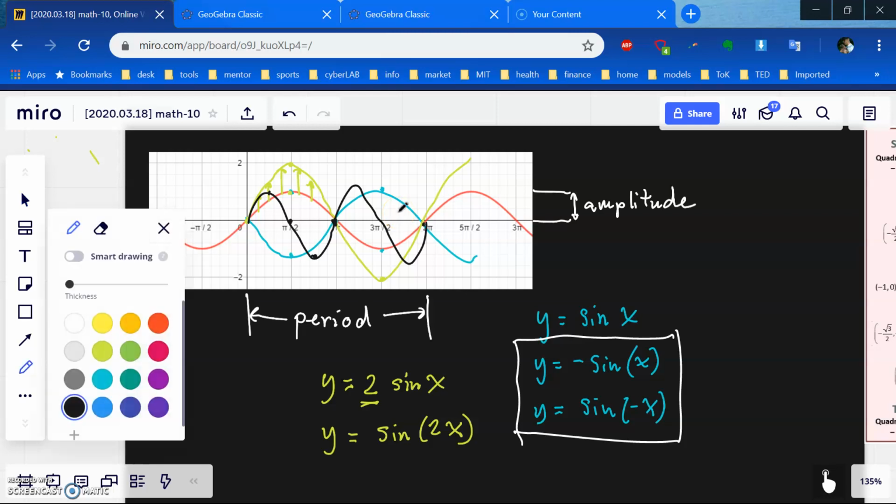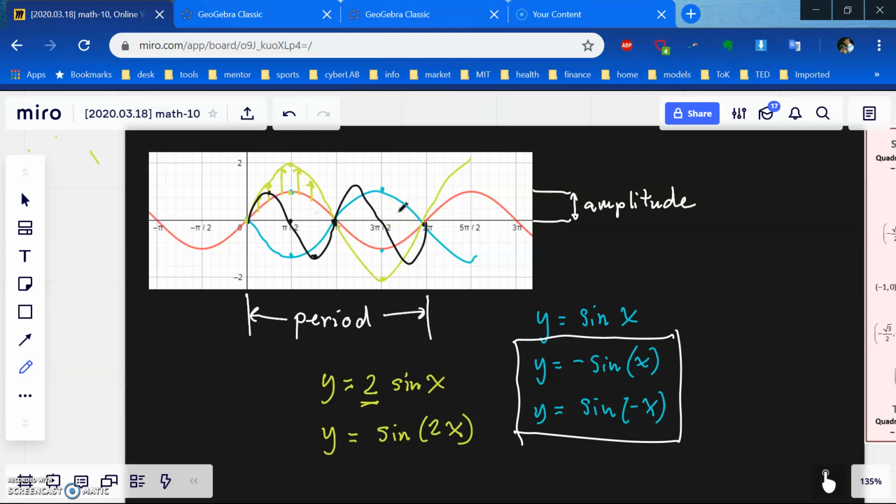What happens is it pushes my red line everywhere that I have a red. It pushes it halfway back to the y-axis, right? So I squish. So when I multiply the whole thing by 2, it fiddles with the amplitude, and when I multiply the input by 2, it squishes the period.